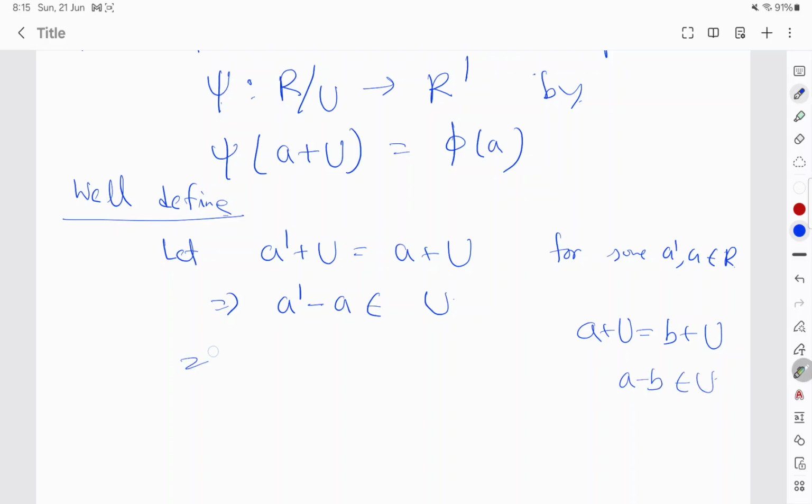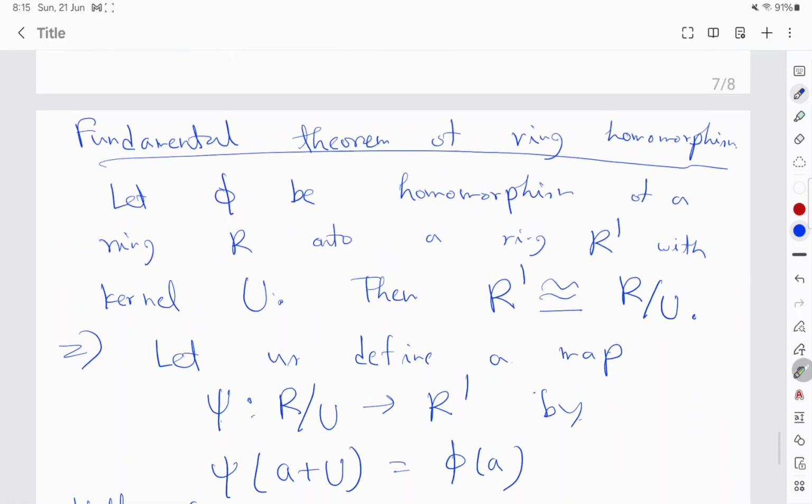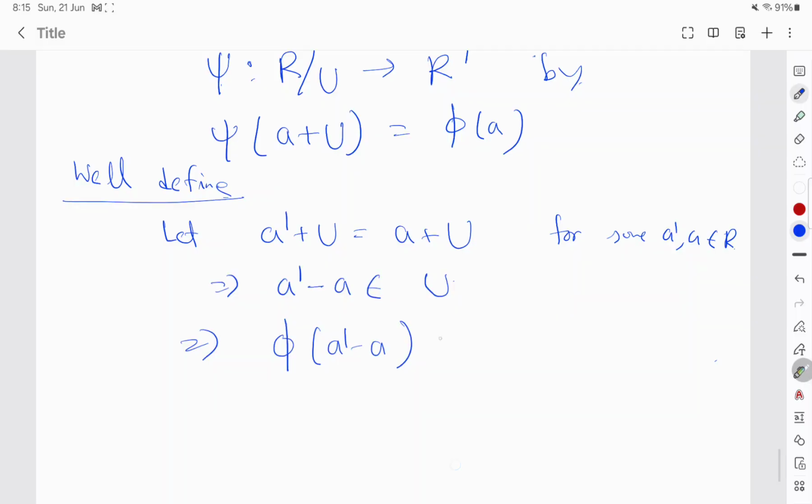Using that, phi of a dash minus a belongs to phi of u, and u is the kernel of phi. This implies phi of a dash minus a equals 0 dash.